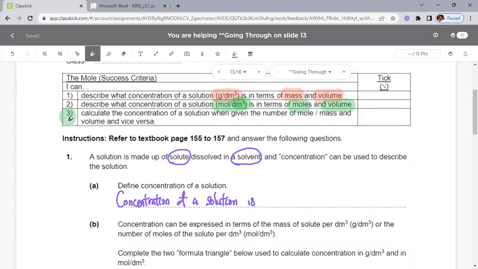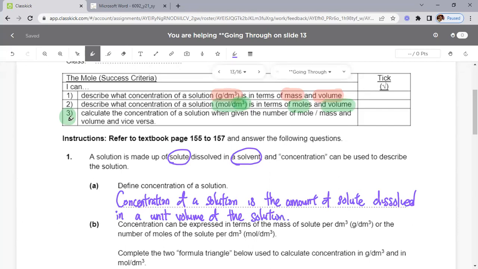It is the amount of solute dissolved in a unit volume of the solution.